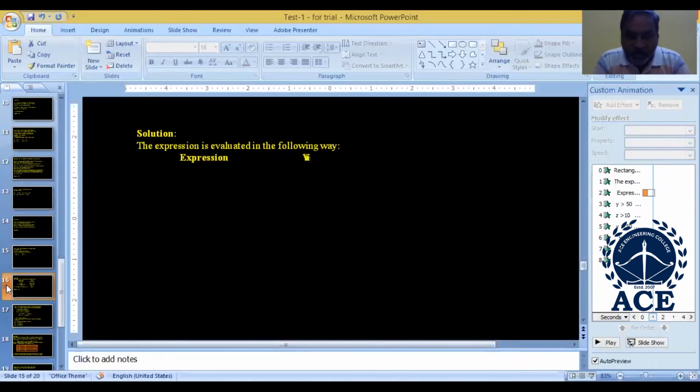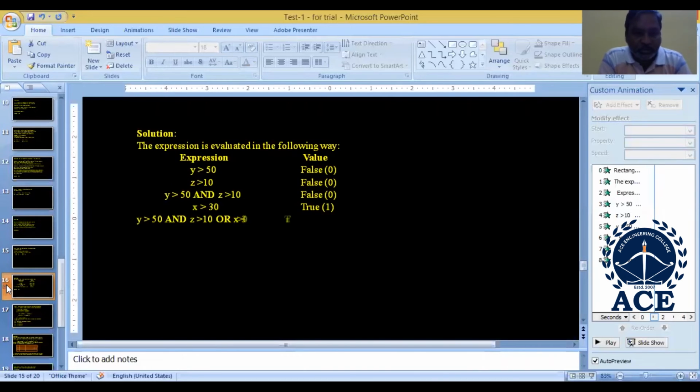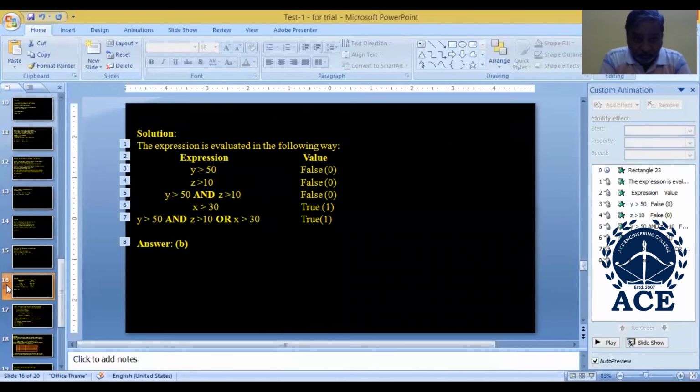The expression is evaluated in the following way. Expression and value. First stage, y greater than 50, false. Next, z greater than 10, false. You can see this. And y greater than 50 and z greater than 10, false again. Now, the last one, x greater than 30, true.